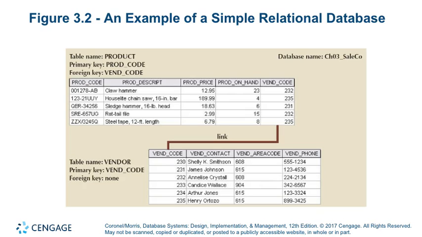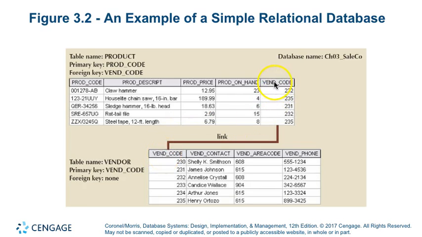Okay, now using those terms, here we have a product table and a vendor table. And we see they're using code. I would prefer ID. The best thing to do is use the same word from table to table. That's actually not required.